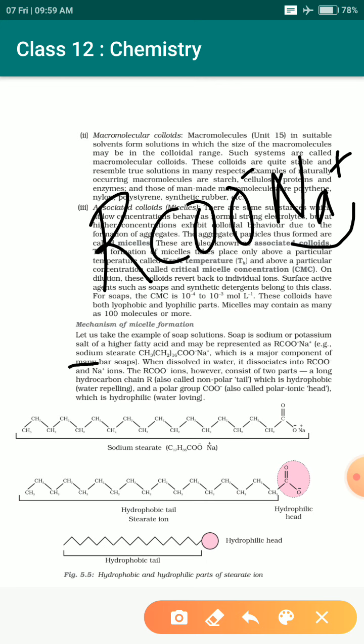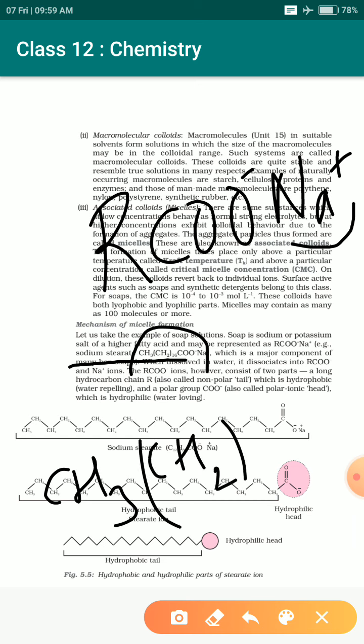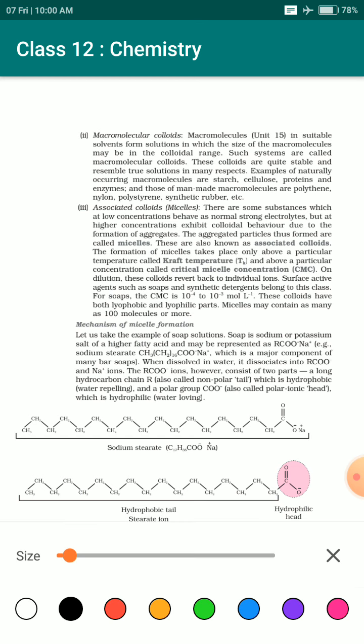If we take sodium stearate as the fatty acid, then this will be the formula for sodium stearate, CH3(CH2)16COO minus Na plus. You don't need to worry about that, you just need to understand the name of that stearic acid.